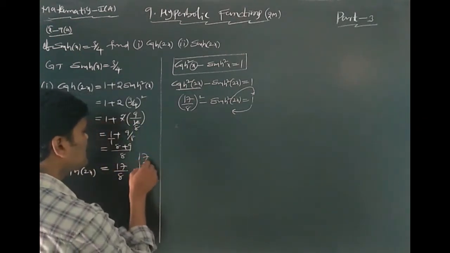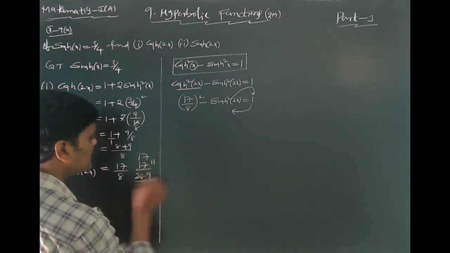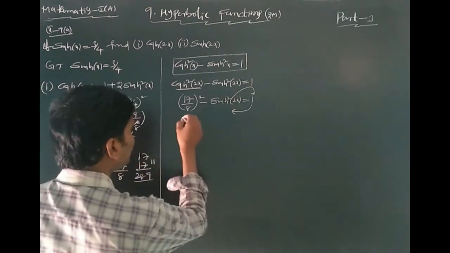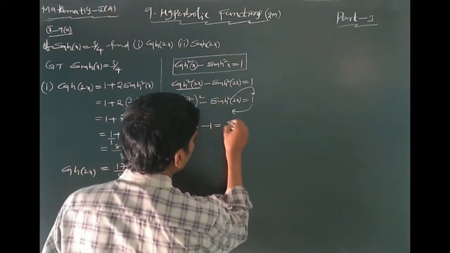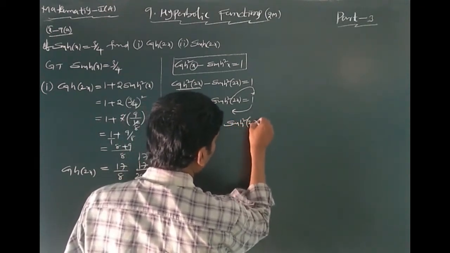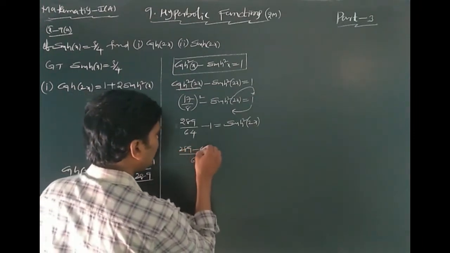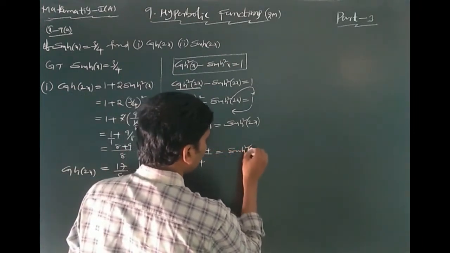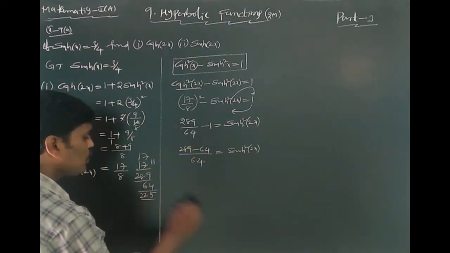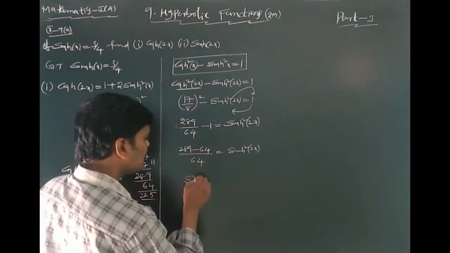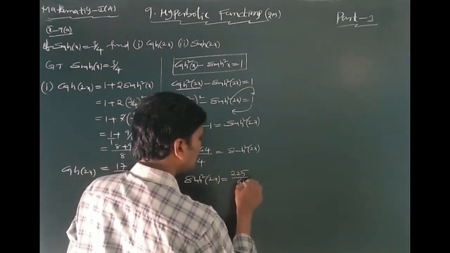So 289/64 minus 1 is equal to sinh square of 2x. Take LCM 64: 289 minus 64 over 64, which gives 225. That's why sinh square of 2x is equal to 225/64.